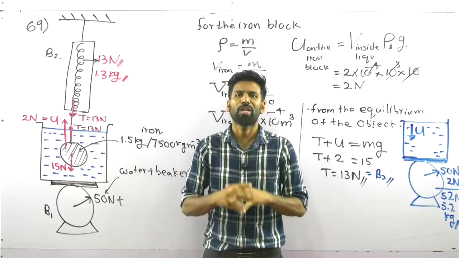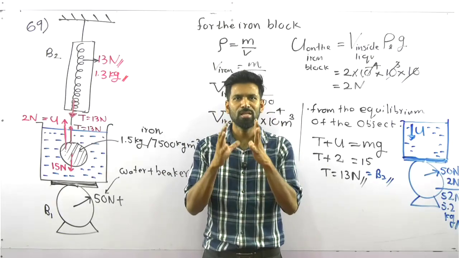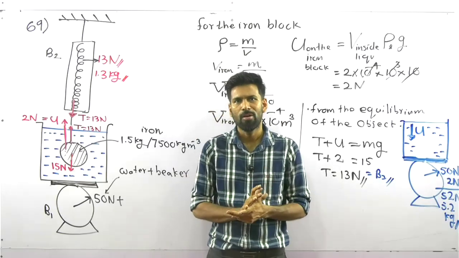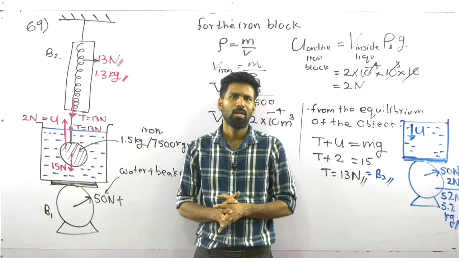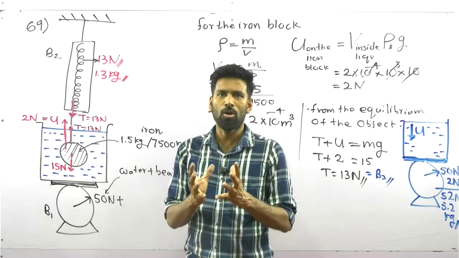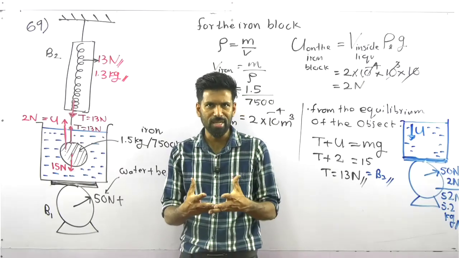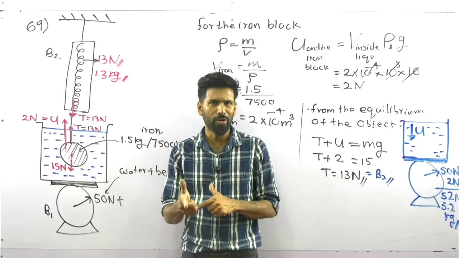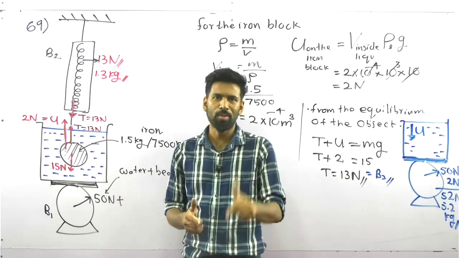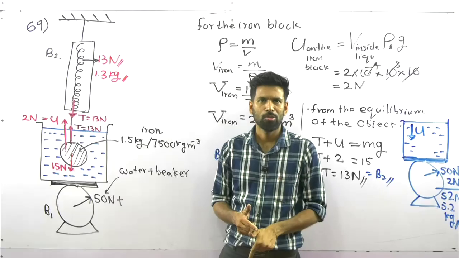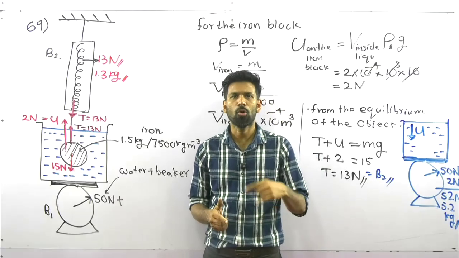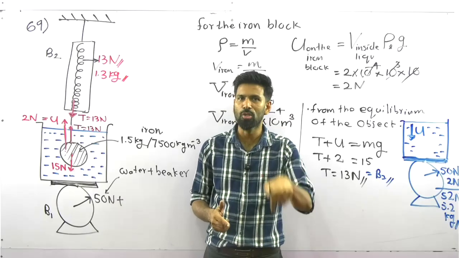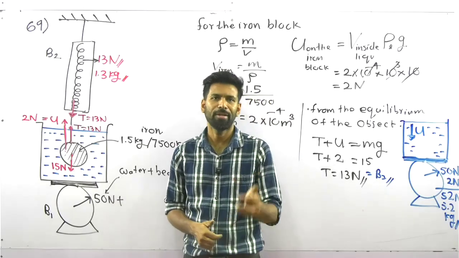But from Newton's third law, don't forget that there's an equal and opposite force for each force. So if there's a force acting on the object called upthrust, there should be a force acting downwards on the liquid by the object. It's known as the down thrust.